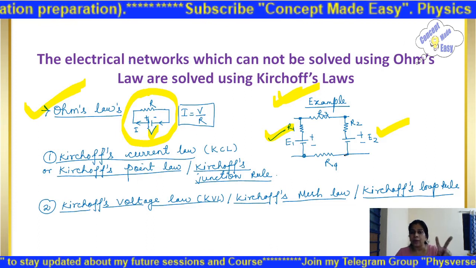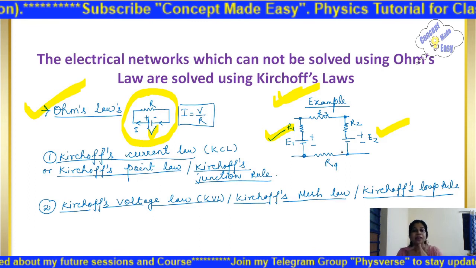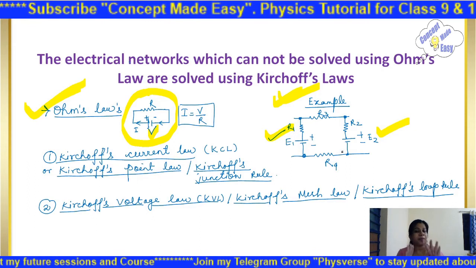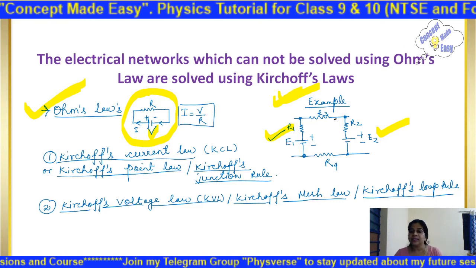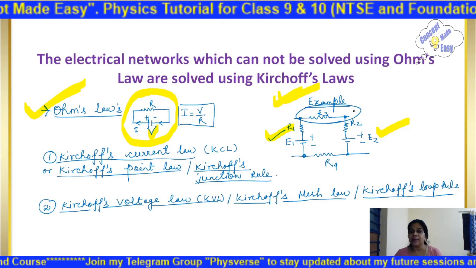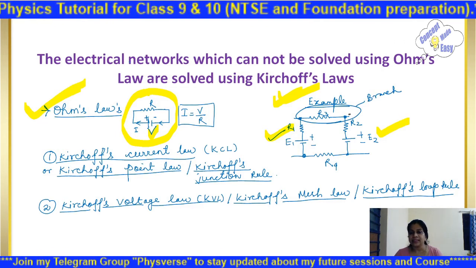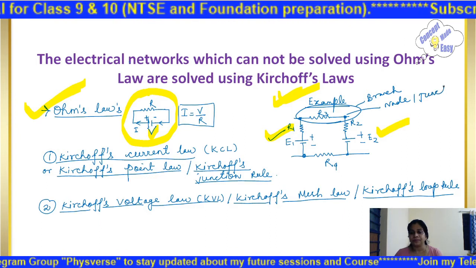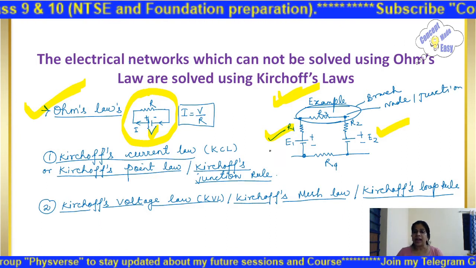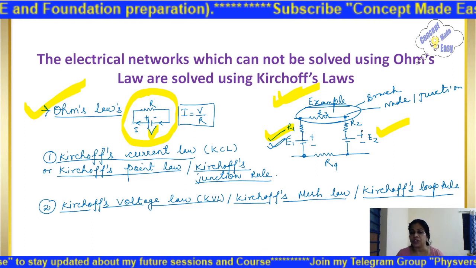Where two wires are joined, or wires separate from a certain point, you can say that point is a node, or a junction. Similarly, this R3, I can say this is a branch. I can say this point is a node or a junction. This is voltage source E1, this is plus, this is minus, and this is voltage source E2, this is plus, this is minus.